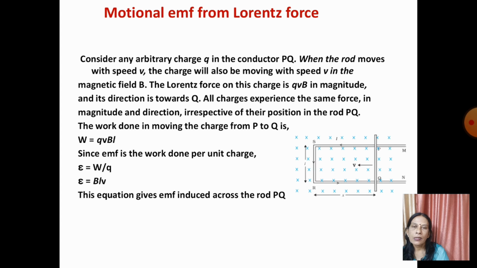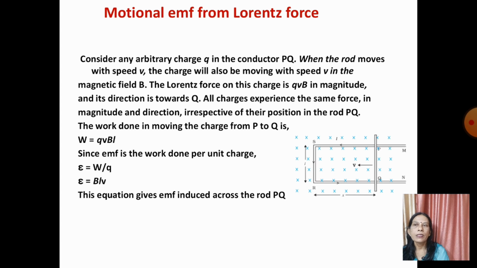Yes, the conductor is moving towards the left side, as we have studied in the previous case. The conductor has free charges, so the charges are also moving along with the conductor. So these moving charges in the magnetic field experience a force.